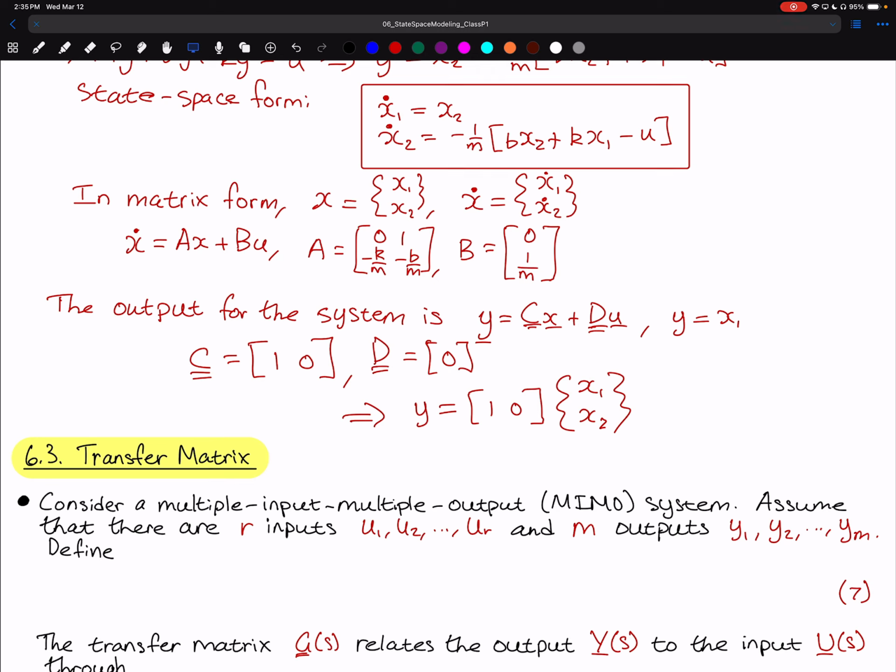And in this case, we said the inputs do not contribute, so that has to go to 0. And since the output is just a single state variable, we must end up with a 1 here and a 0 here. We take this row multiplied by that column, and you get x1 plus 0 times x2. So in this case, it's relatively simple.